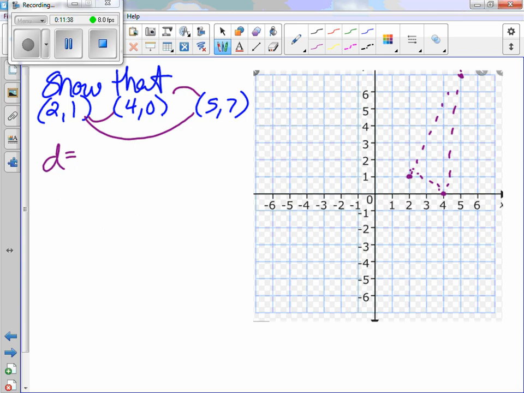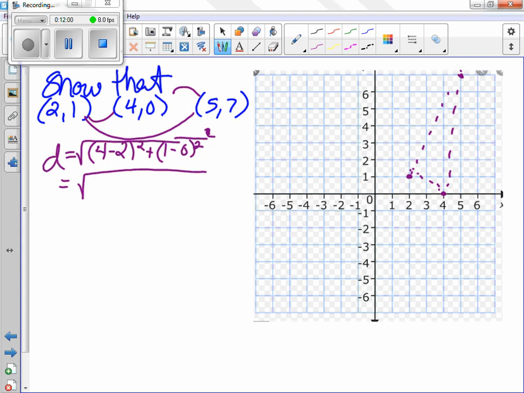So we can do this here. We take the square root of what? Four minus 2, so we would do our x values squared, plus 0 minus 1 or 1 minus 0. It doesn't matter which order we do it, as long as the x's are together and the y's are together. That's the only thing that really matters.